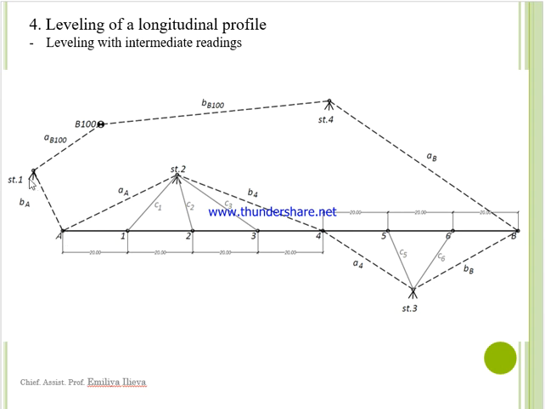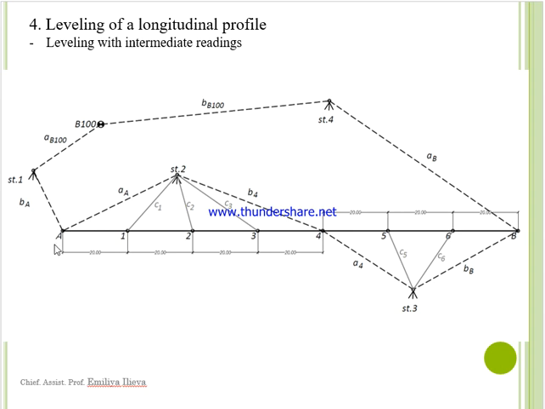Then we need to move the instrument, and we're going to find place of the instrument where we can see many points of the linear section. We're going to start with, of course, backside reading to the last point.